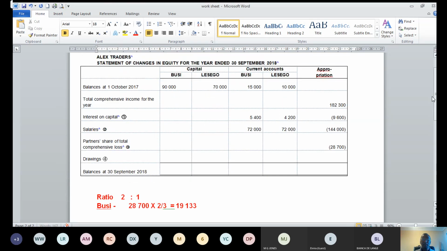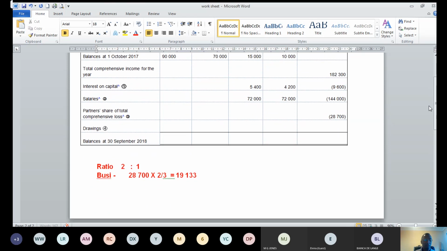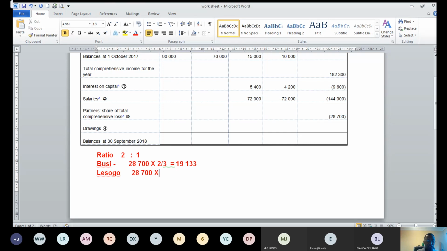And the other partner, partner Lesego, is going to get, after 28,700, as per the partnership agreement, 1/3 of that. That will equate to 28,700 divided by 3, and that is an amount of 9,567.